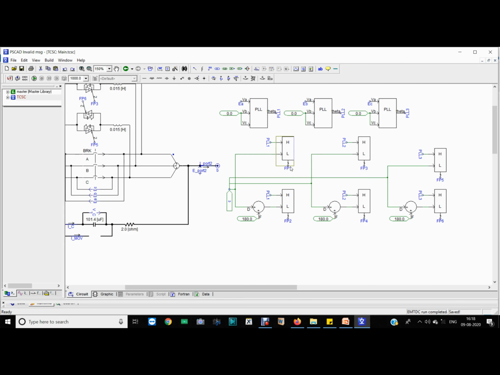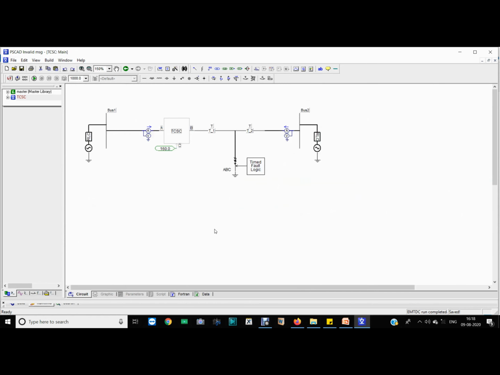If high is less than low, the firing pulse will be 0. This kind of thing. Okay, now we provide the input PLL1 to high, and to low we need to connect a firing angle.